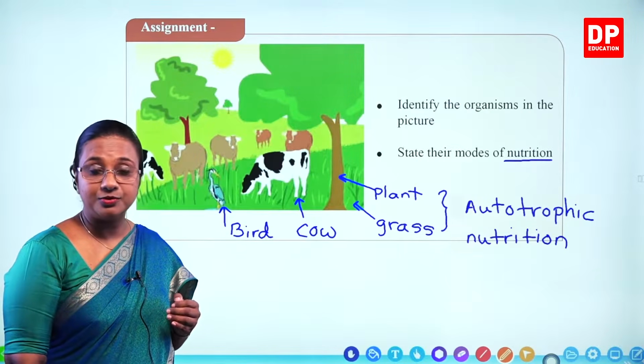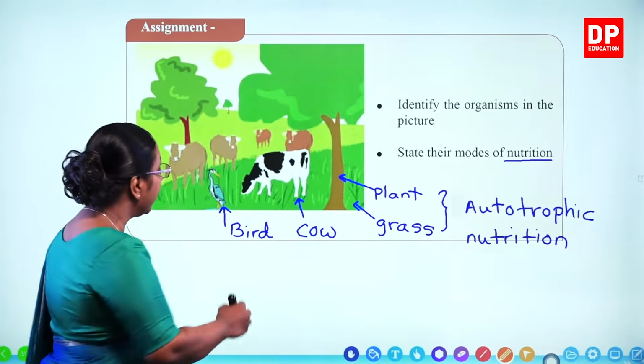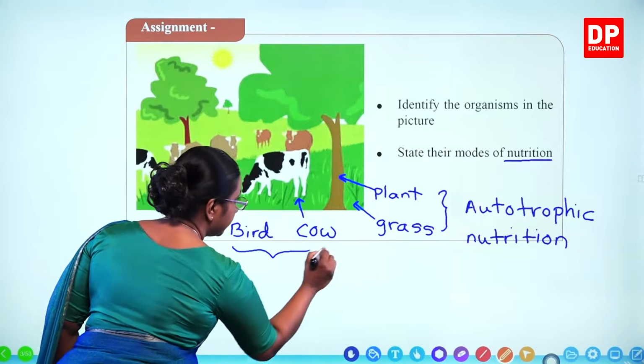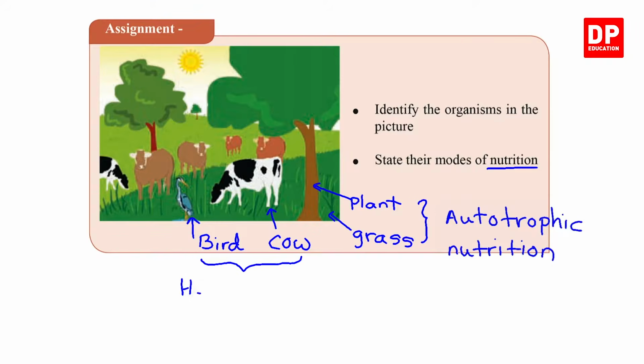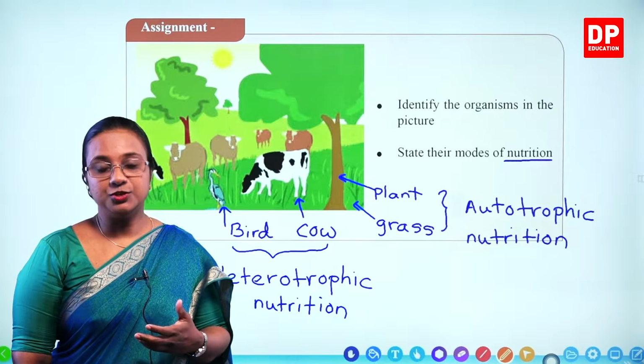So what are they known as? They are heterotrophic organisms, or they show heterotrophic nutrition. These are all very familiar to you.